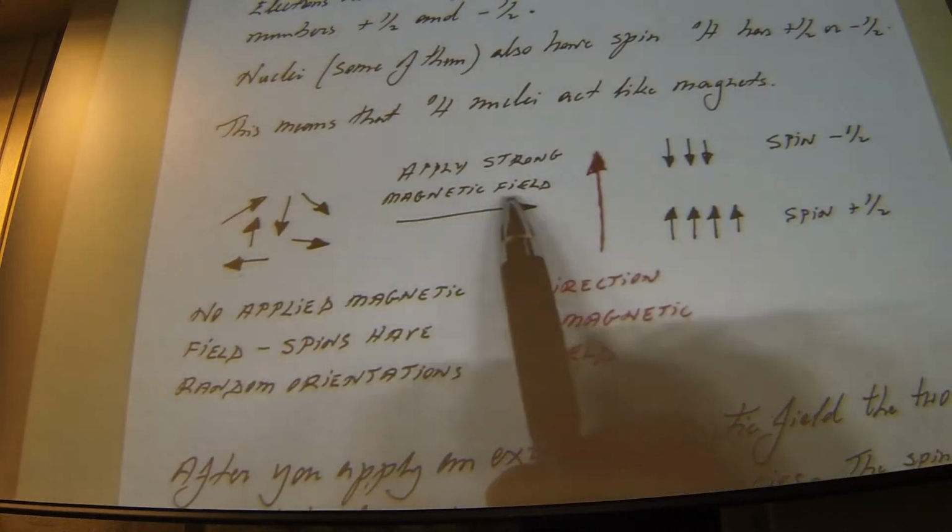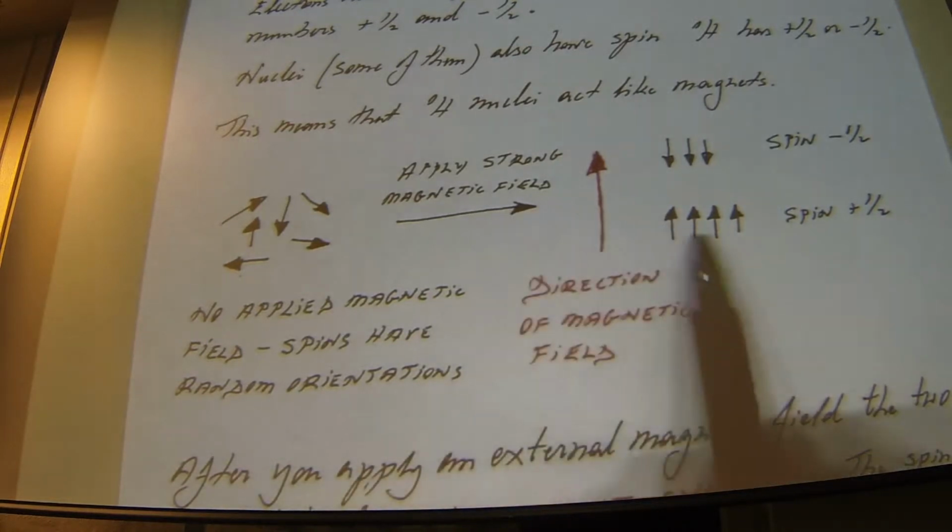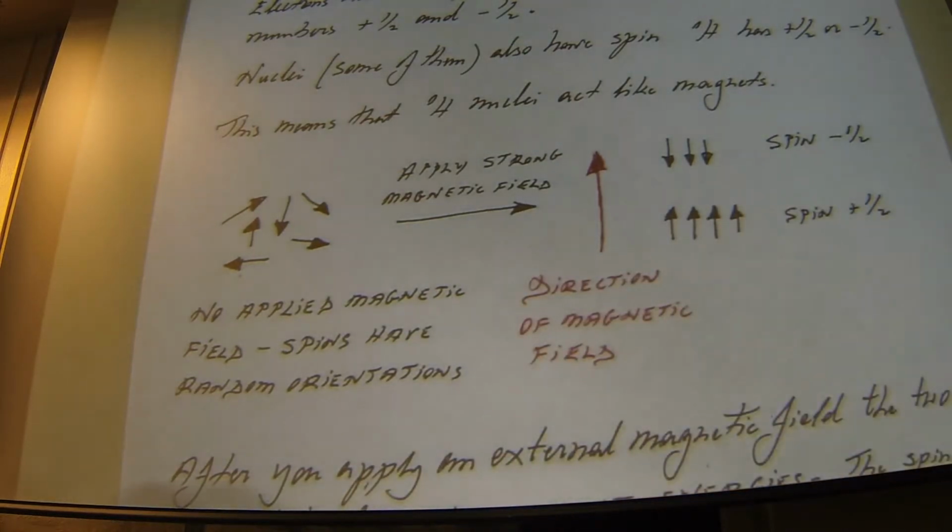But if you apply a very strong magnetic field to your sample, then all of a sudden these spins line up, like little bar magnets. If you put a needle inside a magnetic field, the needle will move around. It'll align with the lines of magnetic force. And the same thing happens here with nuclei.